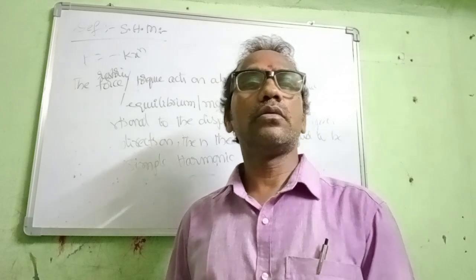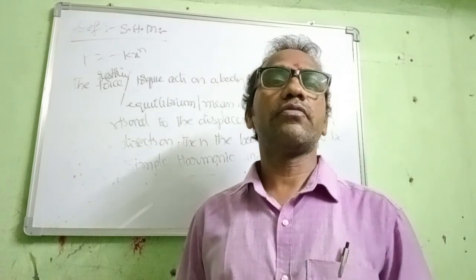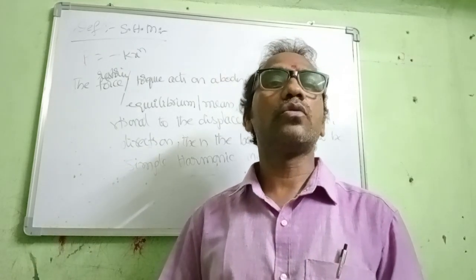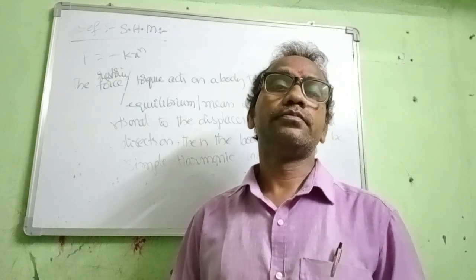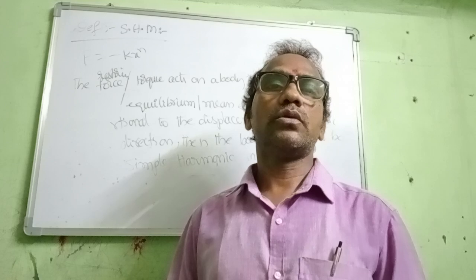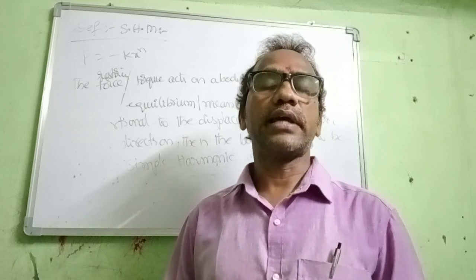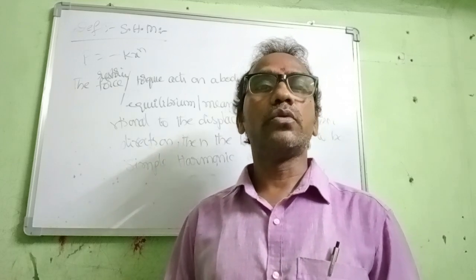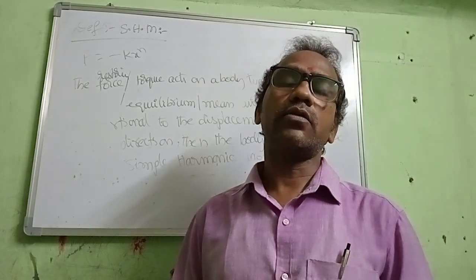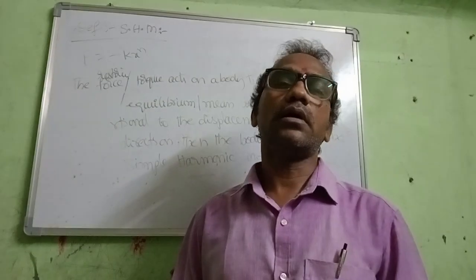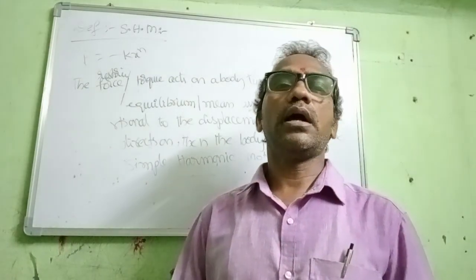Before going to discuss artificial satellite, we have to know about the gravitation and time period. Only then can you understand the time period of the oscillator. We are just at the starting of simple harmonic motion, but I will explain this.